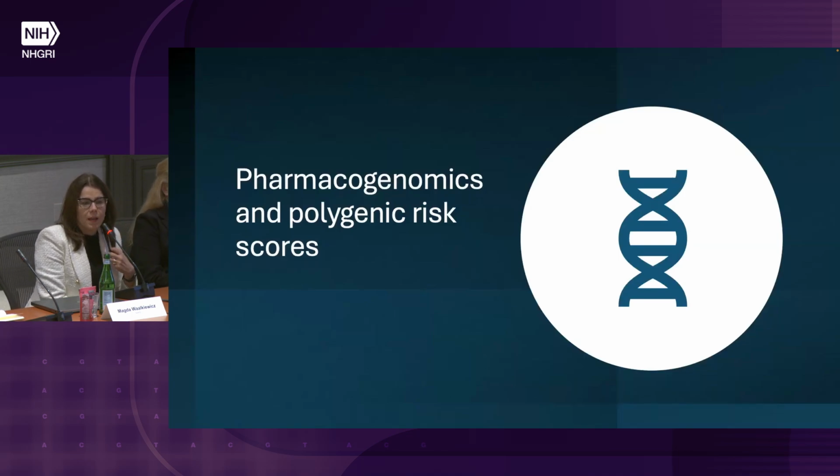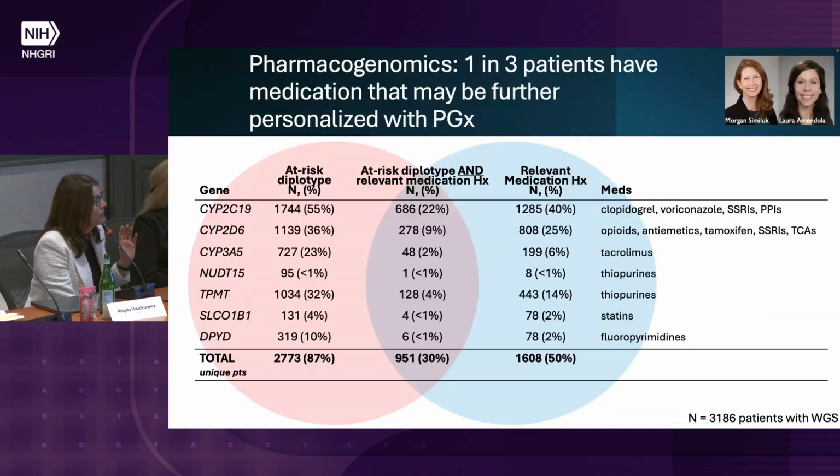So the genomic data that we use for providing molecular diagnoses can also be used for looking into pharmacogenomics and polygenic risk scores. And this is a study and research interest of Morgan's with help from Laura Amendola. And when Morgan looked at a cohort of over 3,000 patients for whom we performed genome sequencing, 87% of these individuals had at least one at-risk diplotype.